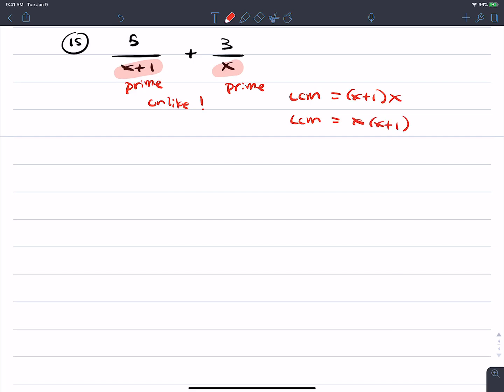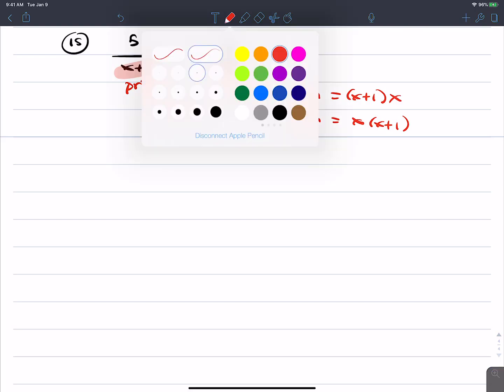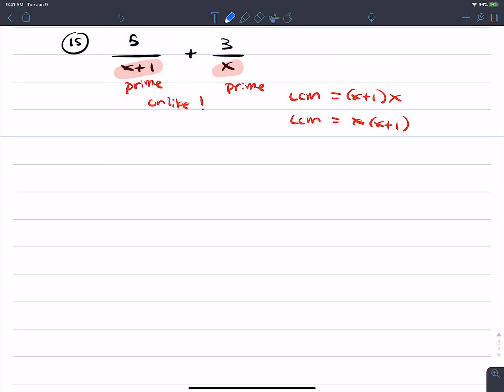Since they're both prime, they're both not factorable. So when we create our setup here, we need the LCM of the denominator, which is x times x plus 1. This is where your LCM goes.